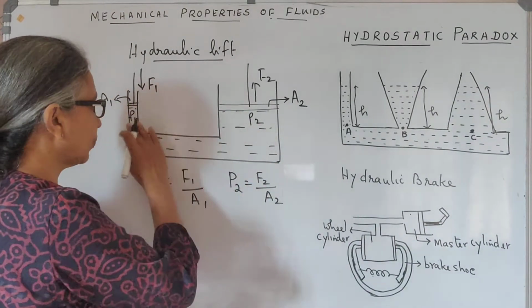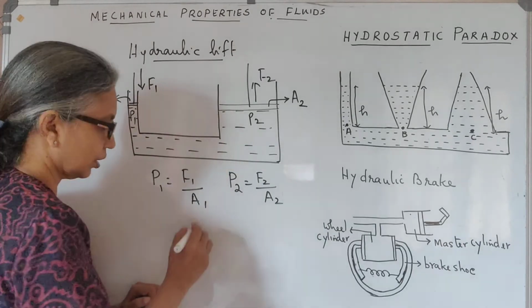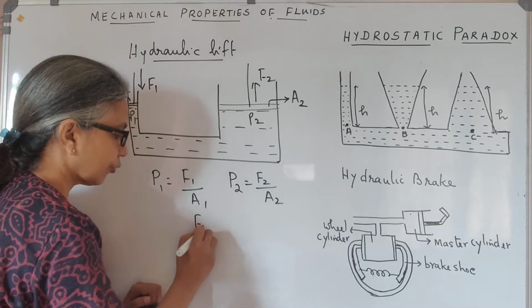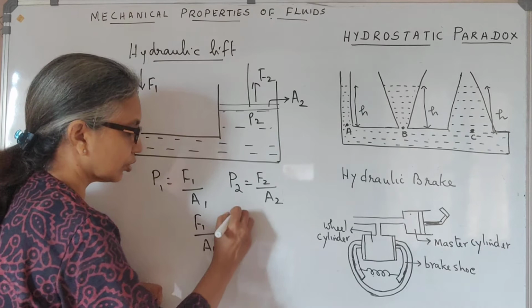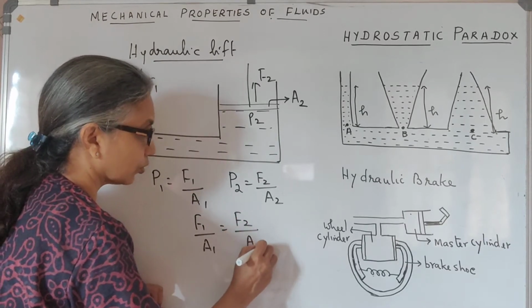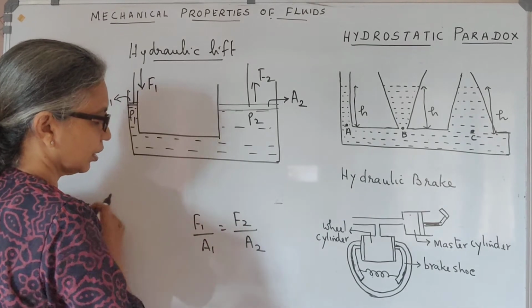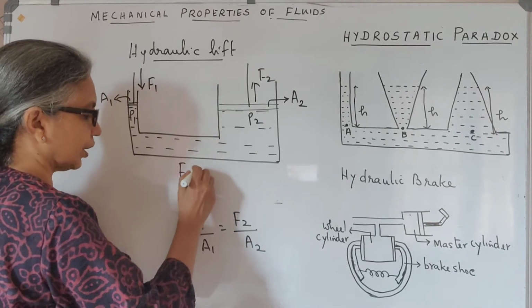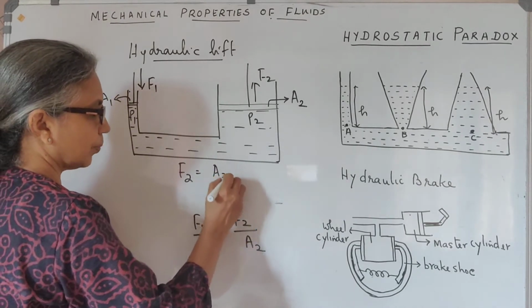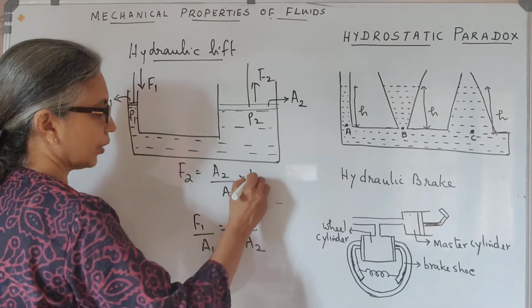Now, by Pascal's law, P1 and P2 are equal. So we may write F1 by A1 is equal to F2 by A2, or I may rewrite this as the force F2 is equal to A2 by A1 into F1.